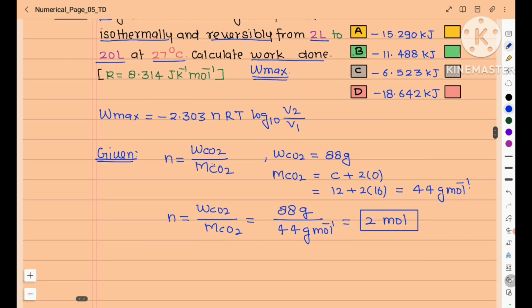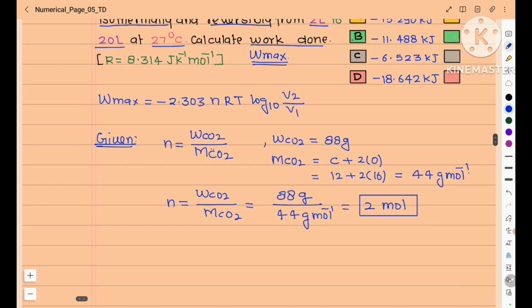Now R is given in the question, that is 8.314 joule per Kelvin per mole. We need temperature.